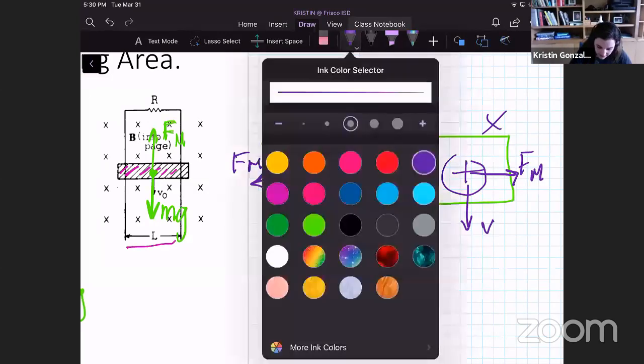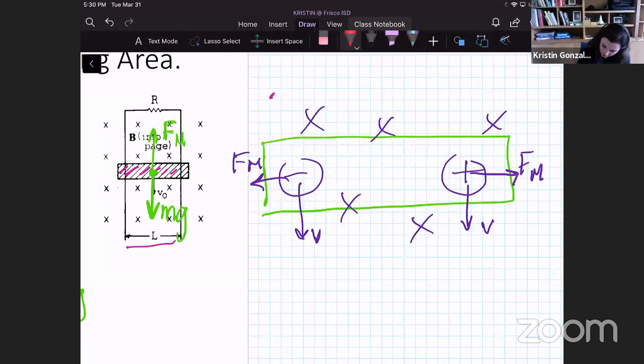We're going to get an electric field. So within that bar, we're going to have an electric field. Which way do electric fields point? Away from positive towards negative. And so these charges are going to keep moving or separating in that rod until we get the electrostatic force on those balanced out by the magnetic force, Fm.